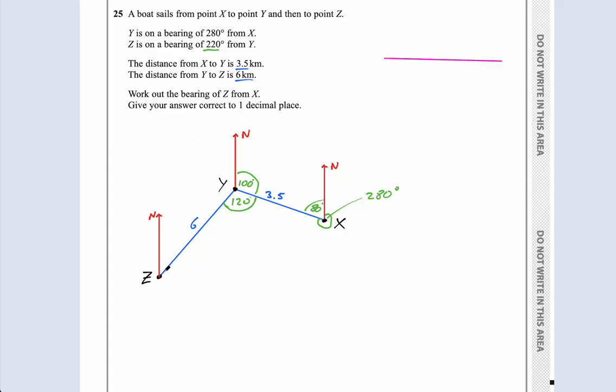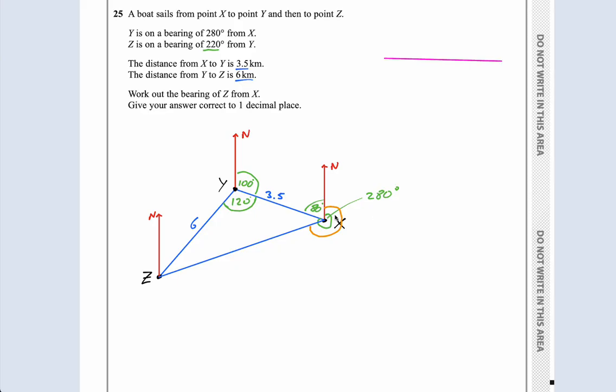Okay, so he wants us to find this angle here. So the bearing of z from x is actually this angle from here to there, and we stop.